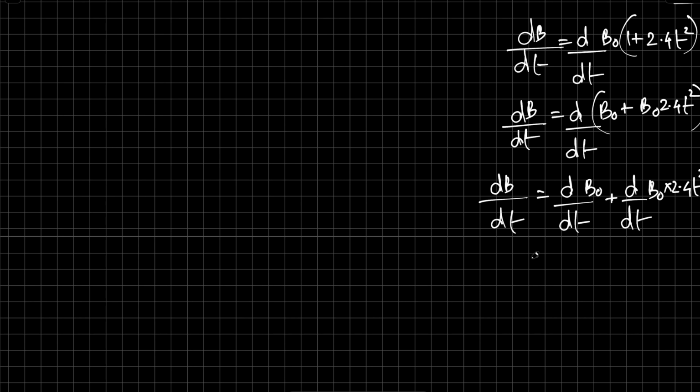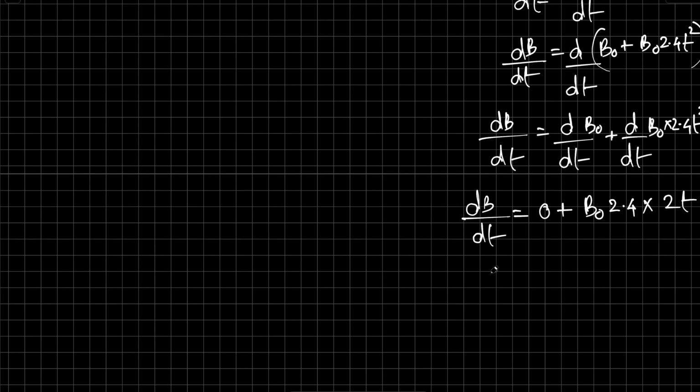Then we have B0 times 2.4 t square. Taking the constants outside, B0 and 2.4 times d by dt of t square, which is 2t. So dB by dt is 2.4 times 2, which is 4.8 B0 times t.